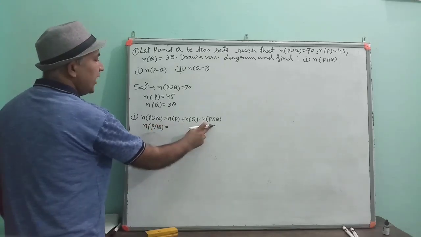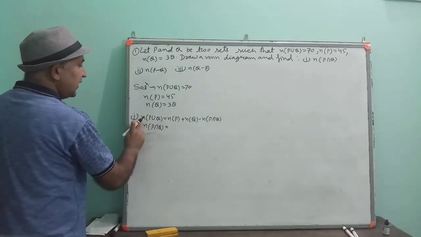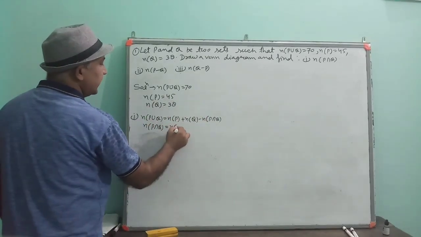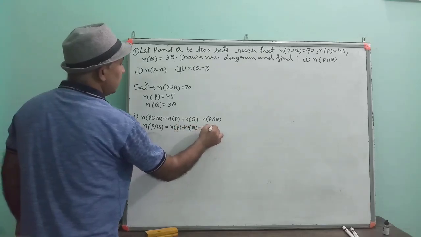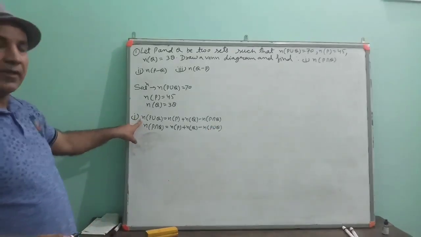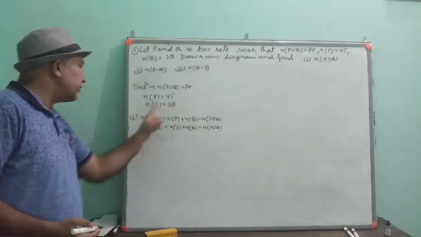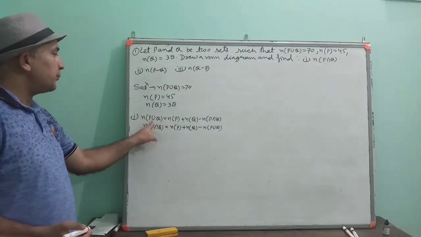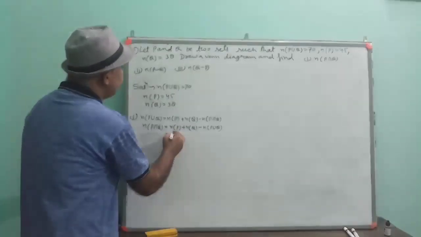If you have to find intersection, then transfer the left hand side and this number to the right hand side. If we have to find n(P intersection Q), n(P union Q) is transferred to the right hand side. Now put the values and calculate.